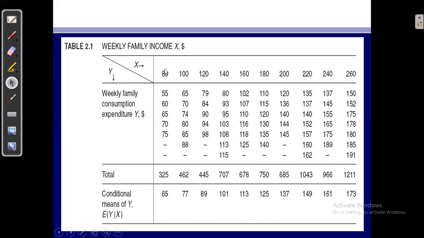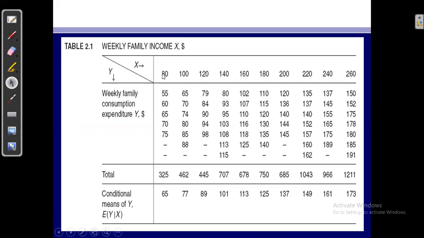If the family ticks $80 per week, which you have fixed in advance, right? Then you ask that family, okay, if you belong to the $80 income group, then tell me what is your consumption expenditure. And for example, one family says, my family consumption expenditure is $55 per week. Another family is reporting $60, another one $65, and so on.